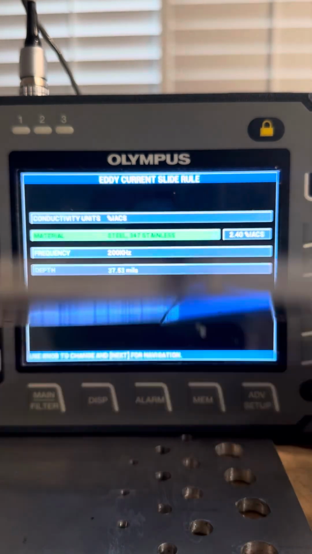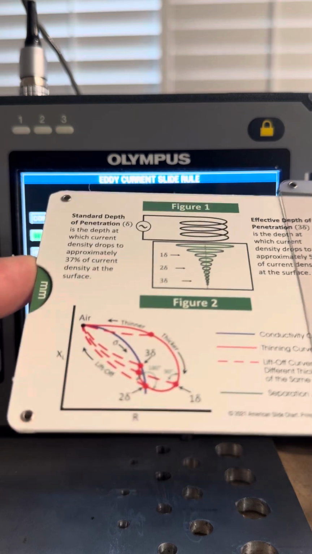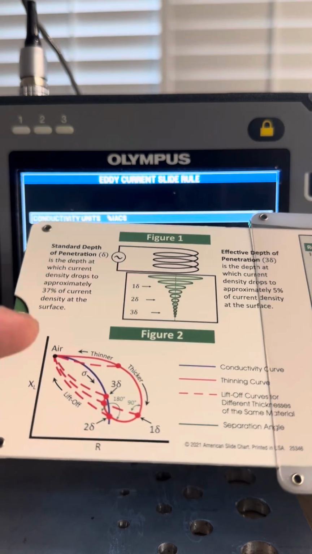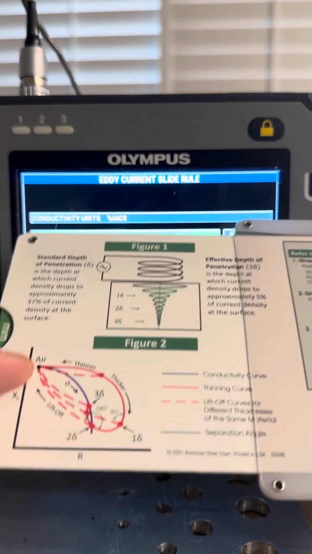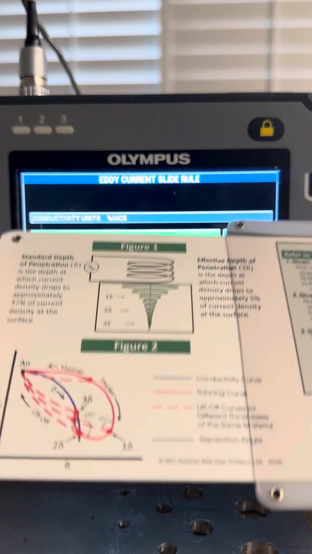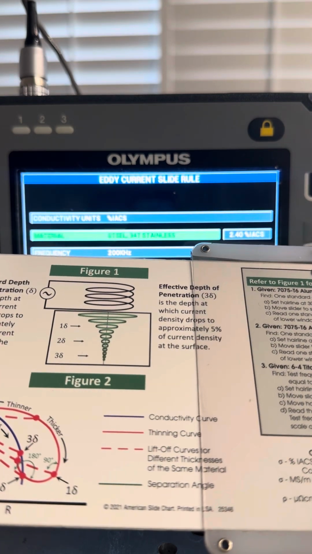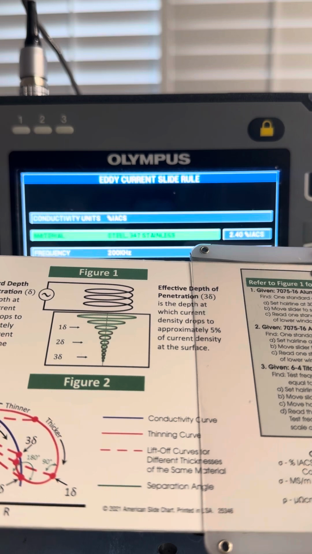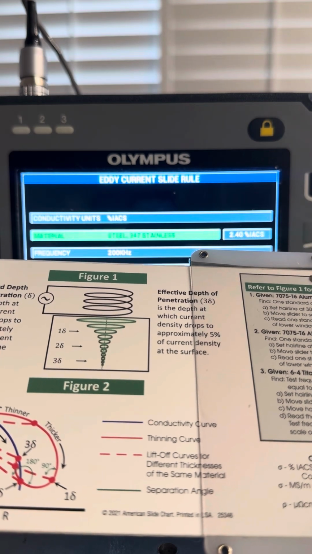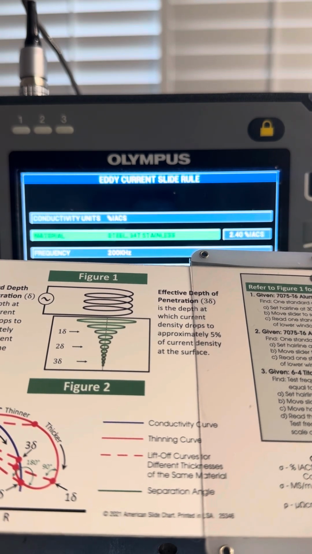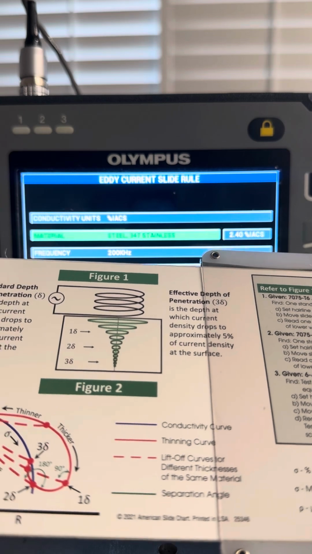But on the paper slide rule, the latest edition of it, it's got this graphic in the lower left-hand corner, a couple graphics that visually explain where 1, 2, and 3 standard depths of penetration are. You can imagine what the density looks like as you go down through the material.